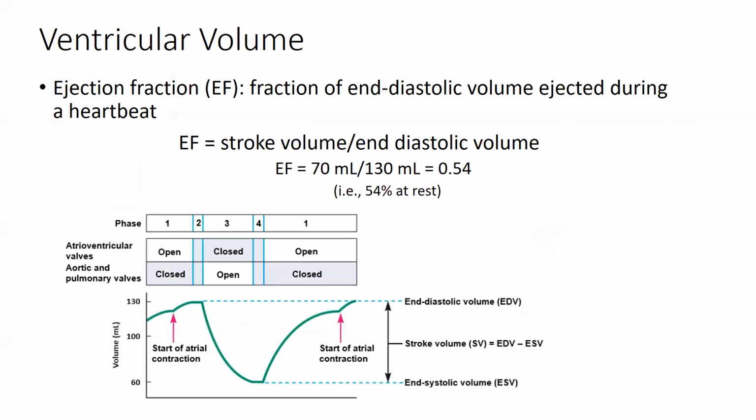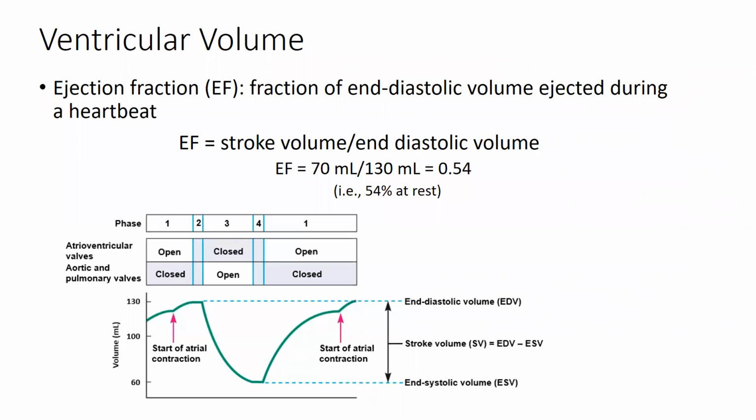Then we get to ejection fraction, and things get a little bit more complicated here. The ejection fraction is what percentage of that end diastolic volume did you actually eject? So what percentage of the amount of blood that you filled into that ventricle completely did you send out into the systemic circulation?